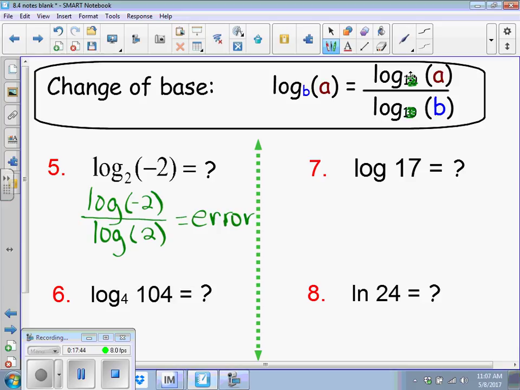So what this is saying is, if I take 2, what power can I raise it to where my answer is -2? 2 to the -1 power is -2? Can you take a number and raise it to a power and get a negative number? Ever? No. You can't ever take a number and raise it to a power and get a negative number. That's not possible. So you can't take the log of a negative number. It'll get error every time. Okay?